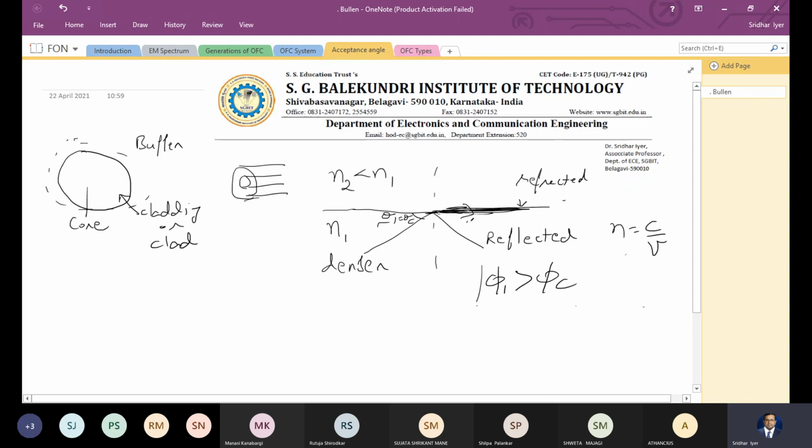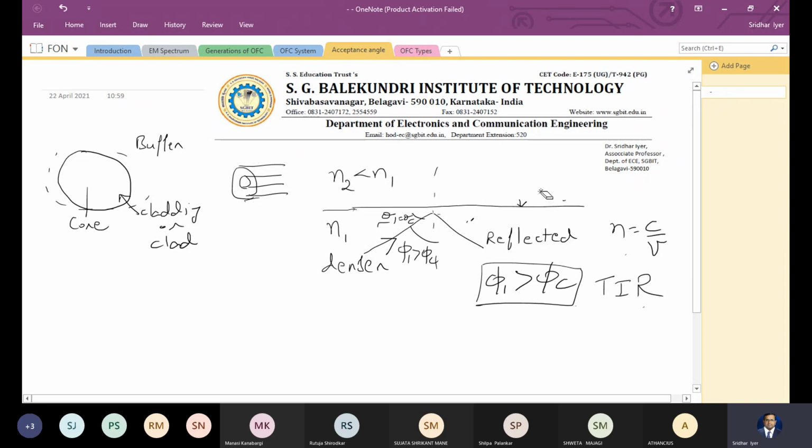And once this happens, we call that phenomenon total internal reflection. That means all of this incident ray for phi 1 greater than phi c will only be reflected inside. There will not be any refracted ray. So all of this will only get reflected inside. So through this phenomenon, we can get all of the light to propagate only inside the optical fiber core, right?